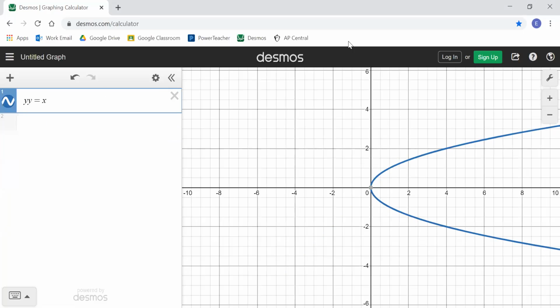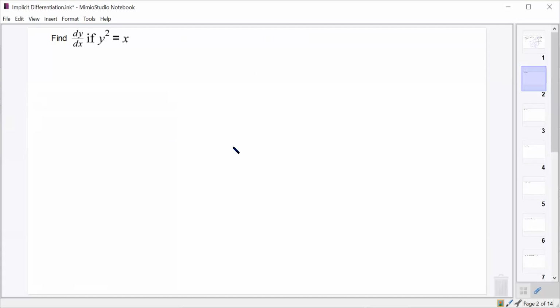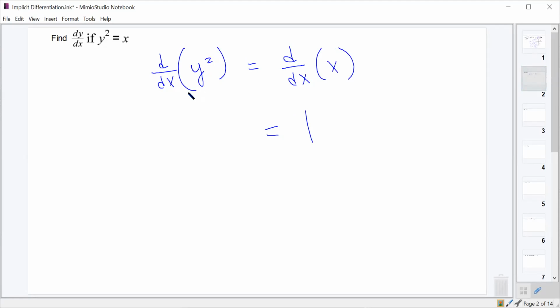Okay. So if we need to find dy/dx, we're going to take the derivative with respect to x of both sides. And on the right-hand side, it should be very easy. What's the derivative with respect to x of x? 1. But on the left-hand side, we have to take the derivative of a y term with respect to x.